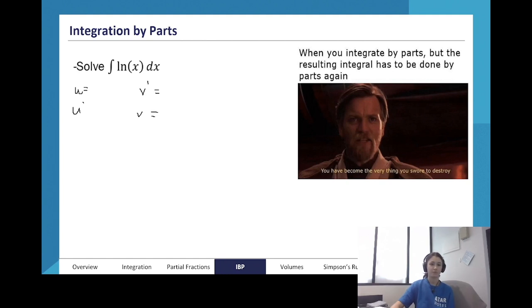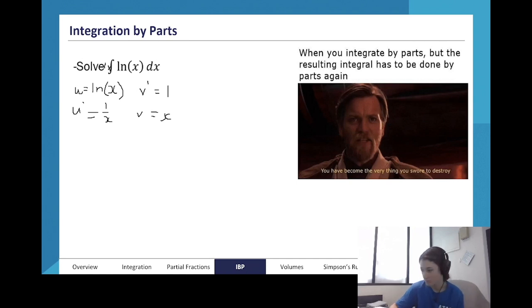So we have a product here. Well, not necessarily a product, because a product is two functions. But we have a multiplication here, right? So we know that one of them is ln x, and the other one is 1, because this is technically 1 times ln x. So if we derive ln x, we're going to get 1 on x. If we integrate 1, we're going to get x.